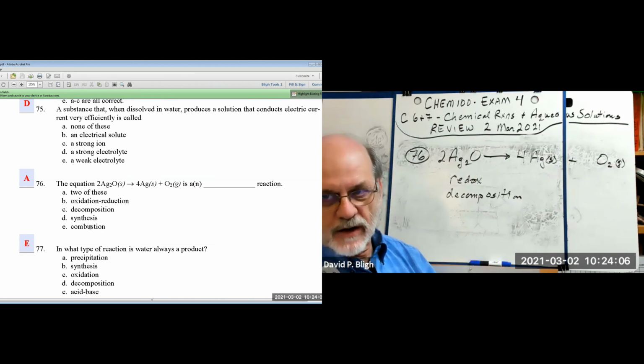Now on the product side, we still have sodium and nitrate in solution. We have 2 sodiums, aqueous, and 2 nitrates, aqueous, plus the solid. That's the complete ionic equation right there.